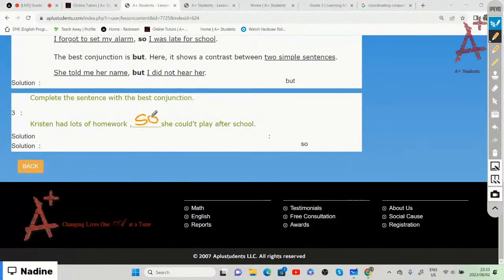Kirsten had lots of homework, so she couldn't play outside, because she first had to finish her homework. So is our best conjunction to connect the two sentences within one sentence.